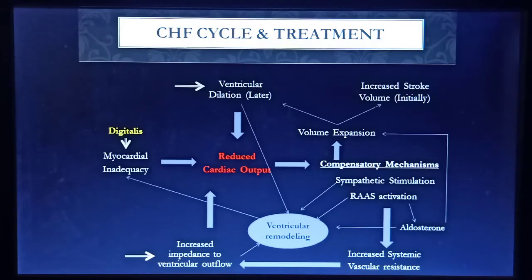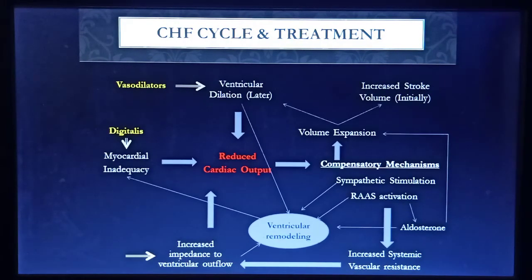Then vasodilators will reduce the ventricular dilation, so that ventricular remodeling is reduced. They reduce the symptoms of congestive heart failure and decrease vascular resistance, and finally the heart functions normally.